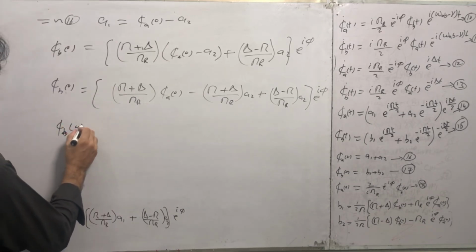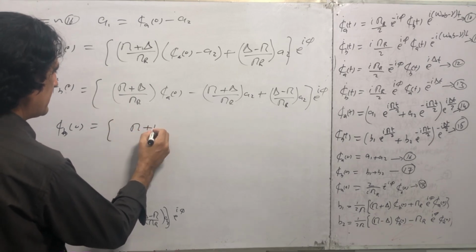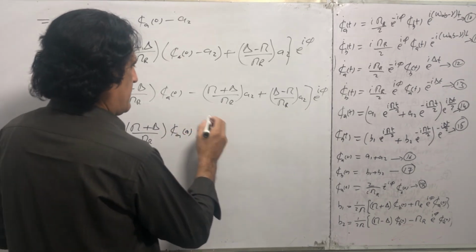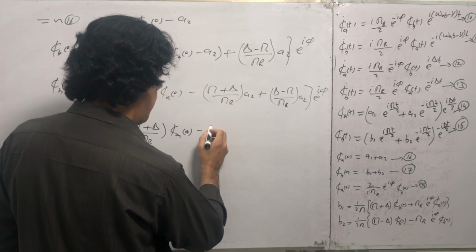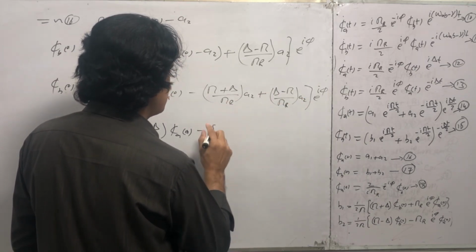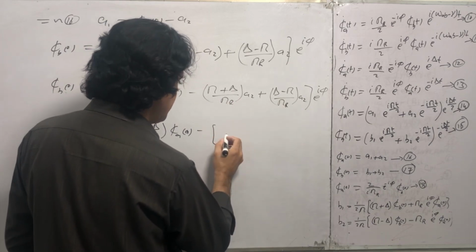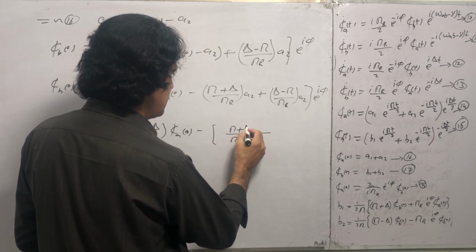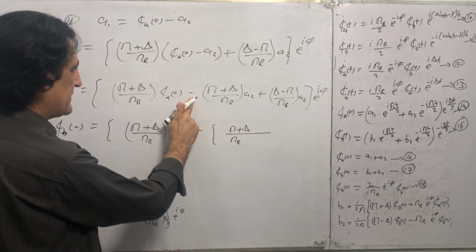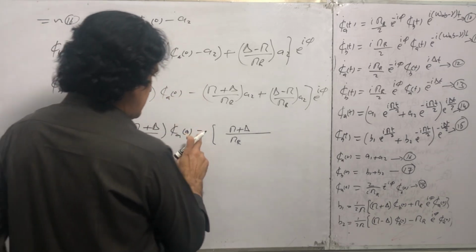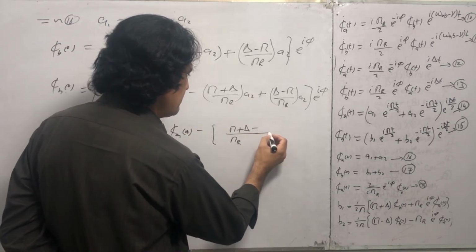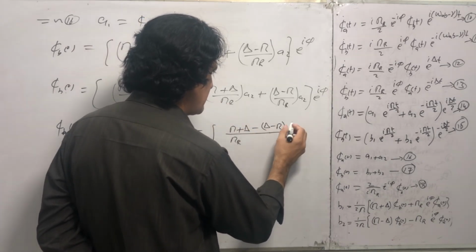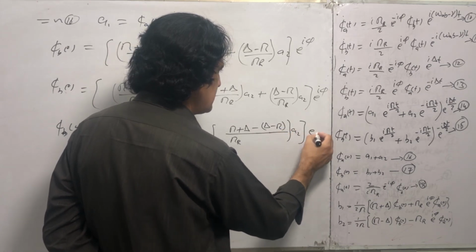CB of 0 is equal to omega plus delta divided by omega r CA of 0, and here if we take common A2 and take an LCM omega r, then this becomes omega plus delta, and I take also common from here, then this becomes minus delta minus omega, A2 e to the power iota phi.